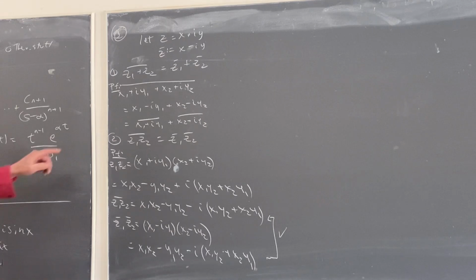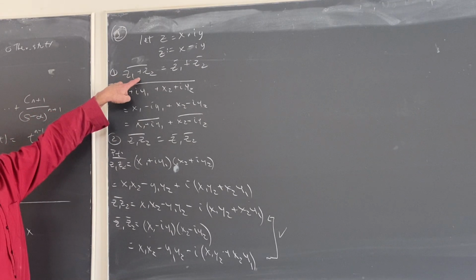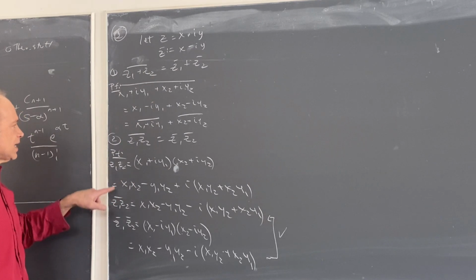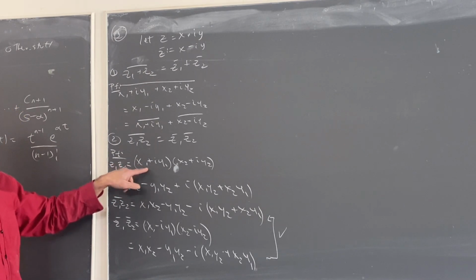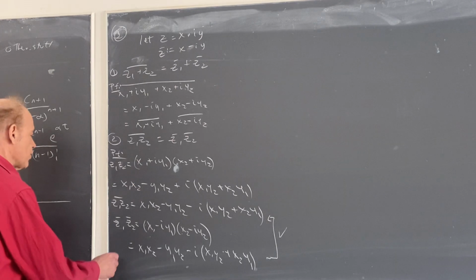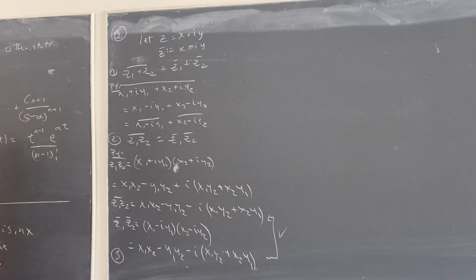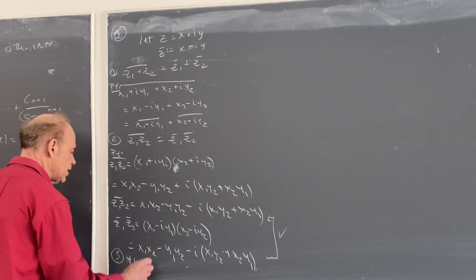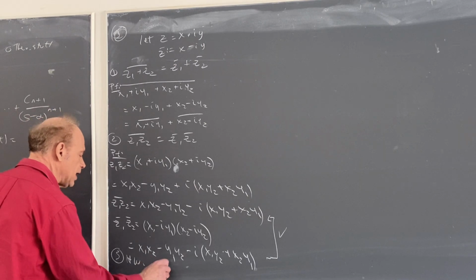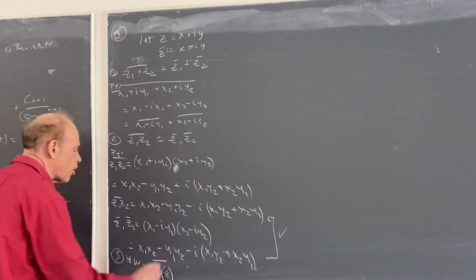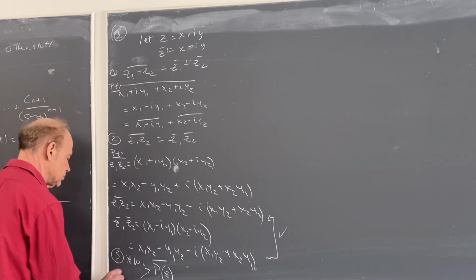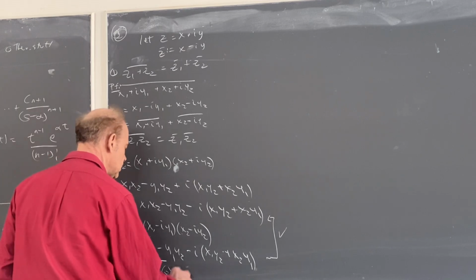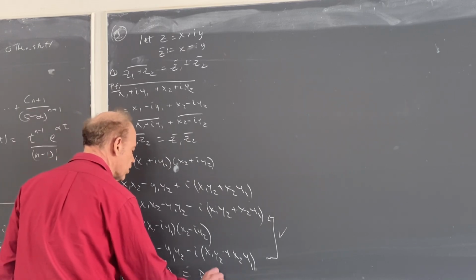So what do we say when we take the complex conjugate of a sum? It's the sum of the complex conjugates. When we take the complex conjugate of a product, it's the product of the complex conjugates. So what we can find from here, and this one I'll let you prove for homework, using these, is that if I have a polynomial P, the conjugate of P of z equals P of z bar.